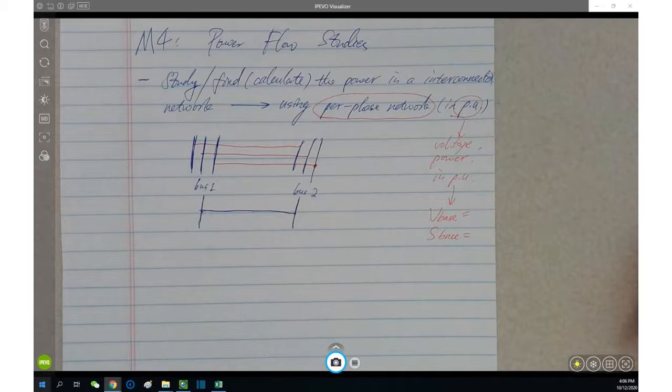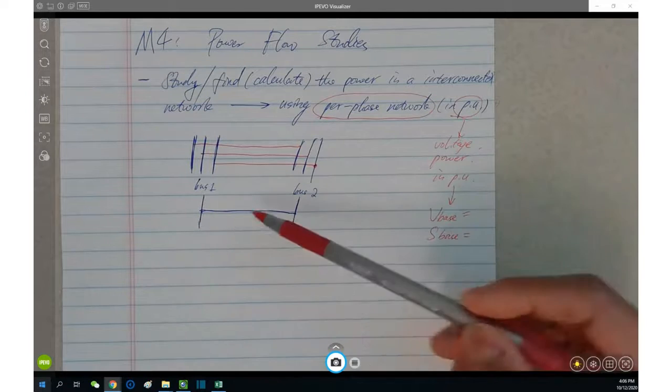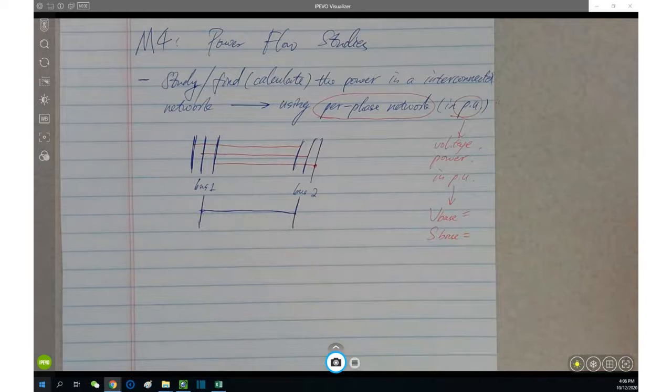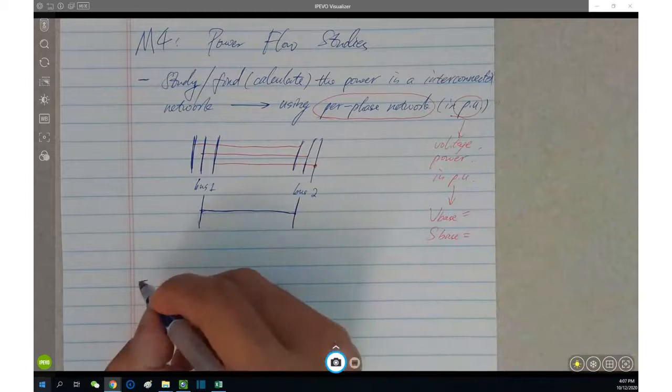However, we are using just a per phase network. One bus is represented by one single bar here, and the connection between two buses is just one line, and everything is given in per unit. Therefore, you need to be very careful with the base values.